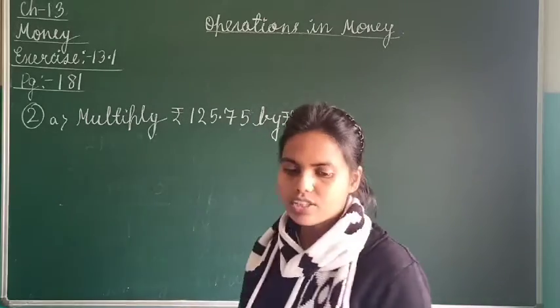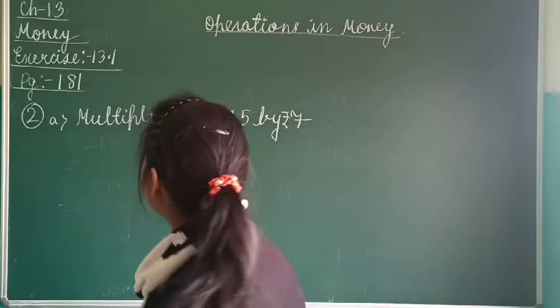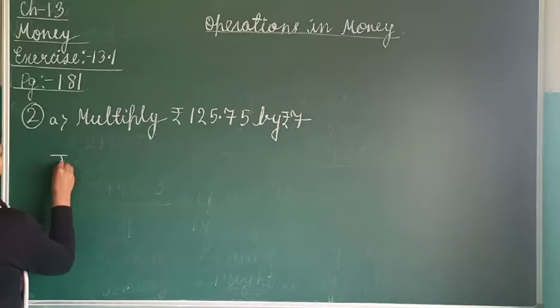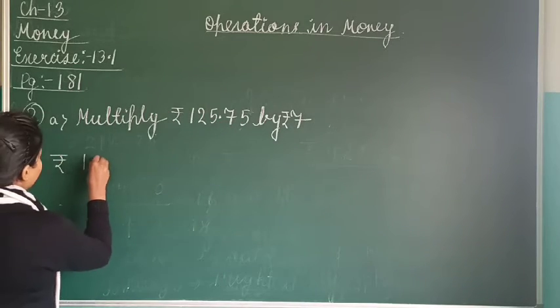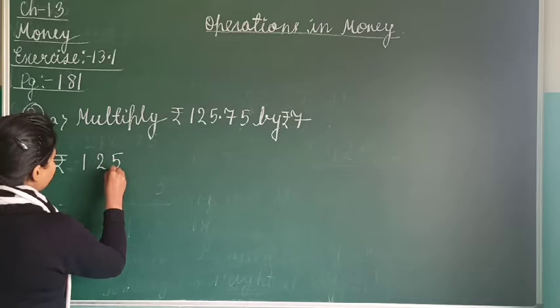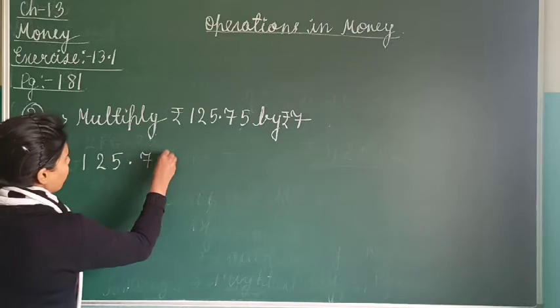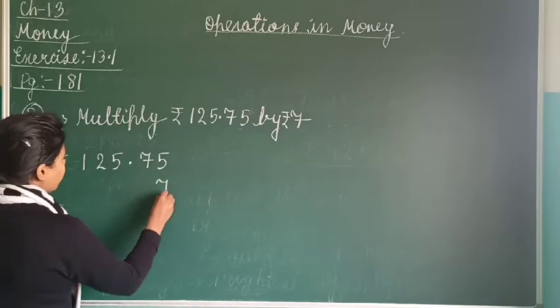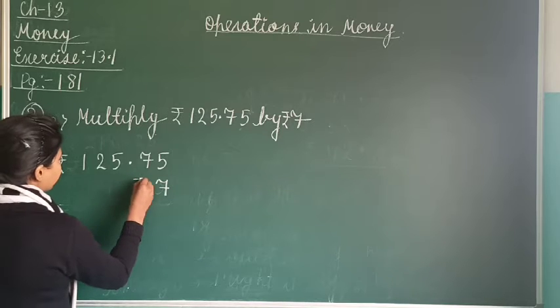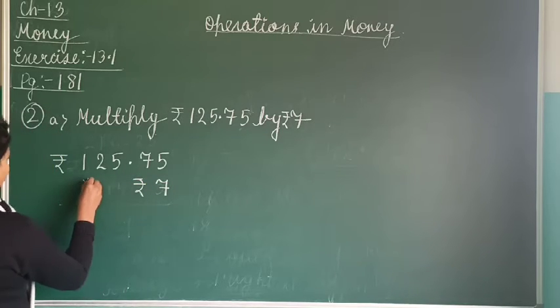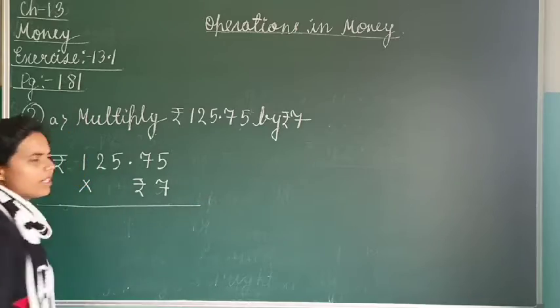So let us do it. You write here rupees 125.75 paise multiplied by what? By rupees 7. It is a simple multiplication.